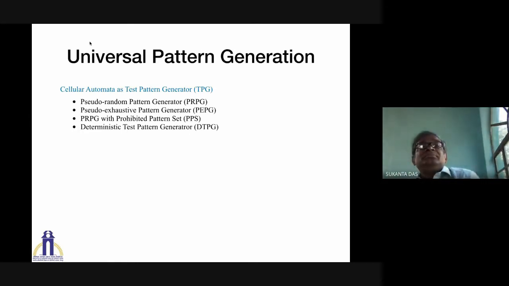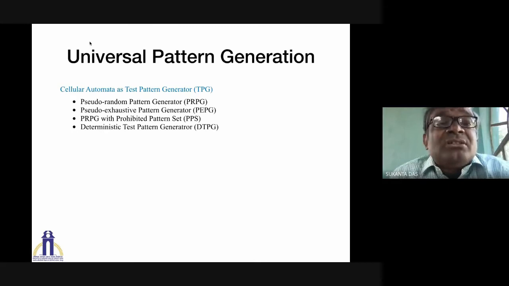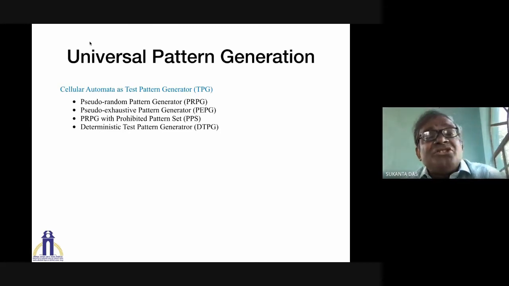We claim that cellular automata are universal pattern generators. Cellular automata can generate all kinds of patterns which a circuit needs to be tested. So, in particular, we classify the patterns in four ways only.